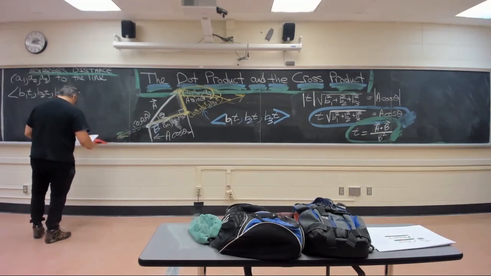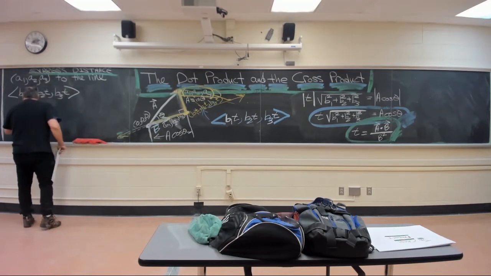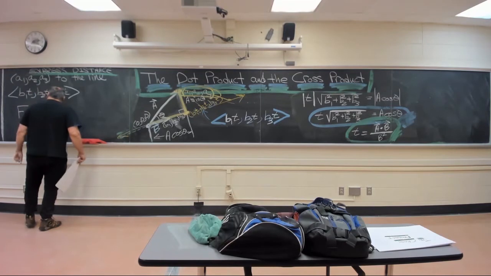What is going on here? Well, I'm going to make it a distance function. I'm going to call it capital F of t.